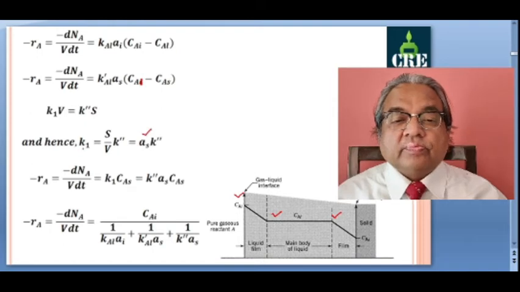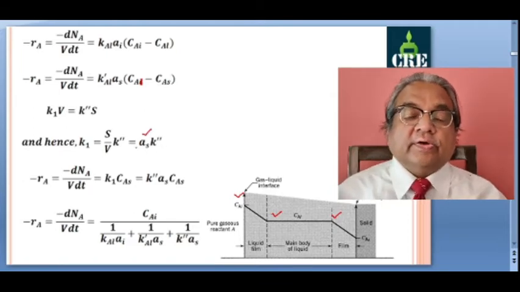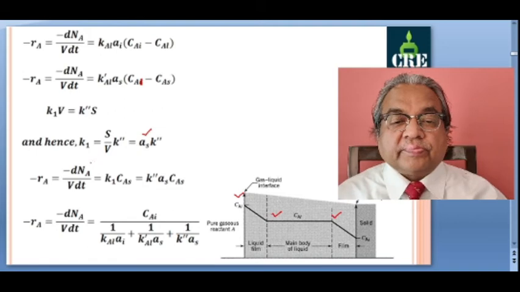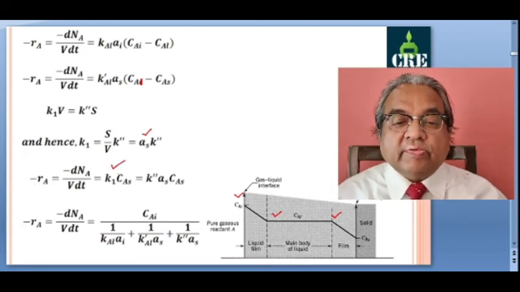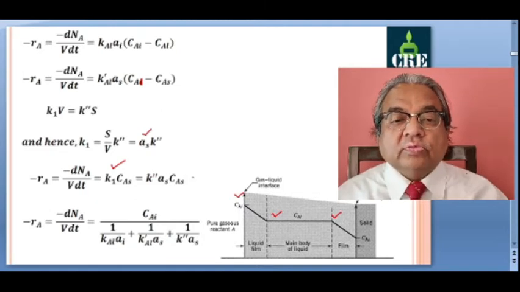So K1, the rate constant which is the first order rate constant based on volume, can be written as AS into K double prime, the rate constant term based on surface area. So minus 1 upon V into dNA by dt, that is our minus Ra term, which is written as K1 CAS, where K1 is the first order rate constant, and now I am writing this K1 as AS K double prime. So K double prime AS into CAS.